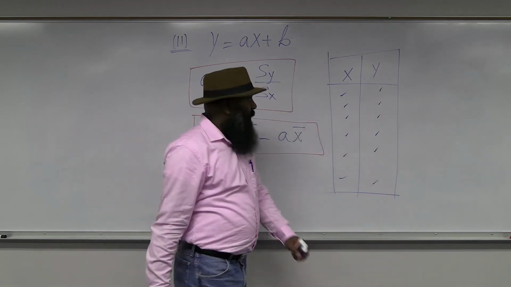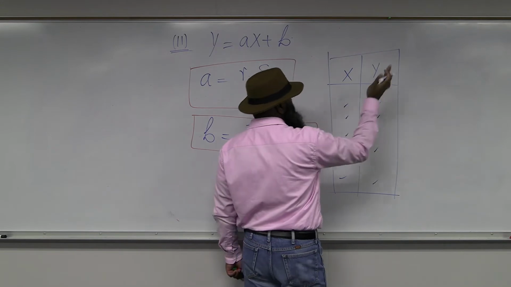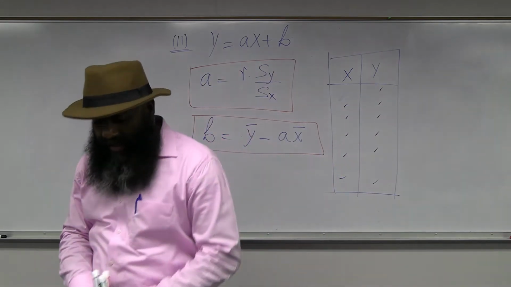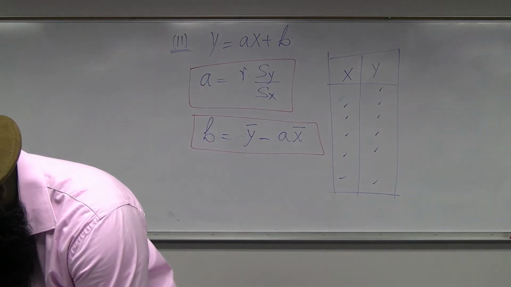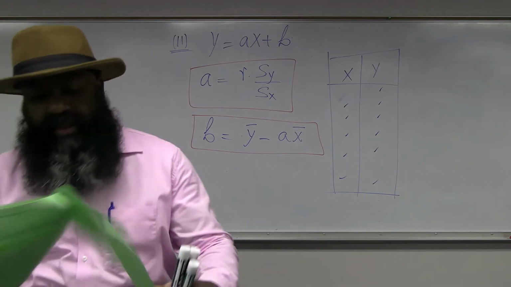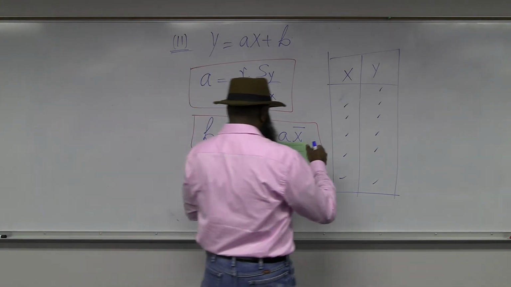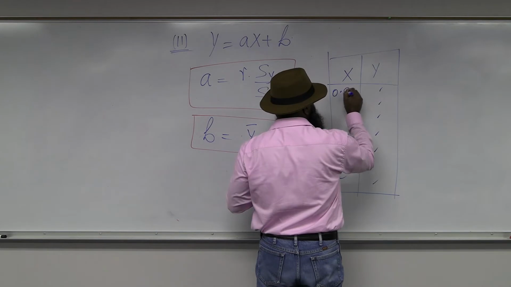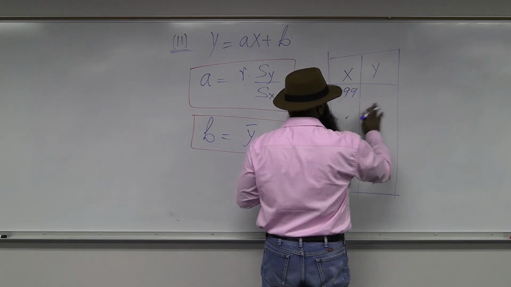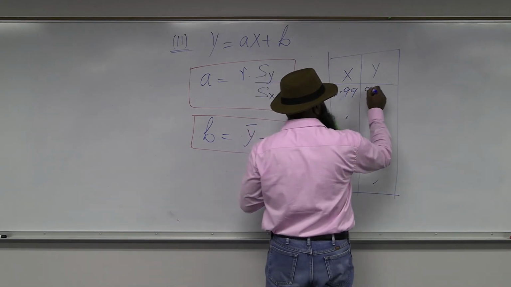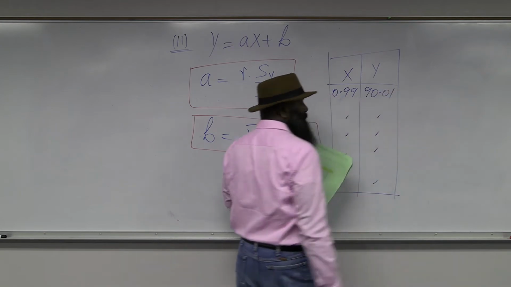Let's look at the same example that we discussed. The first x data point in that data set is 0.99, and the first y data point is 90.01.